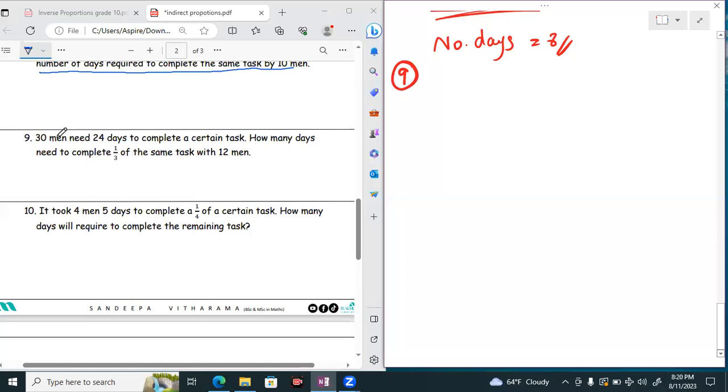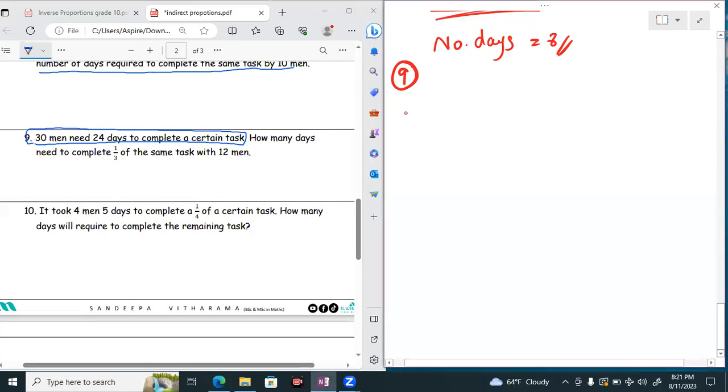30 men need 24 days to complete a certain task. How many days need to complete 1/3 of the same task with 12 men? Okay, in this case, with the given information in the first sentence, it is given that 30 men need 24 days to complete the work.